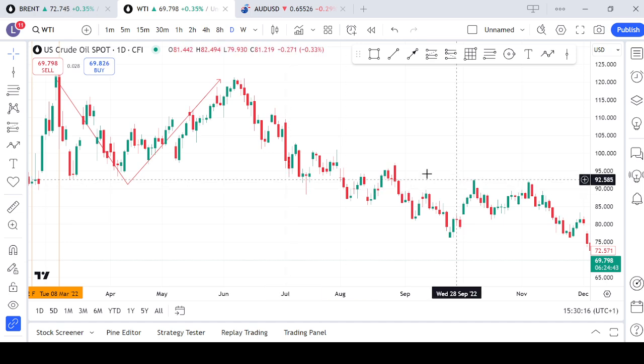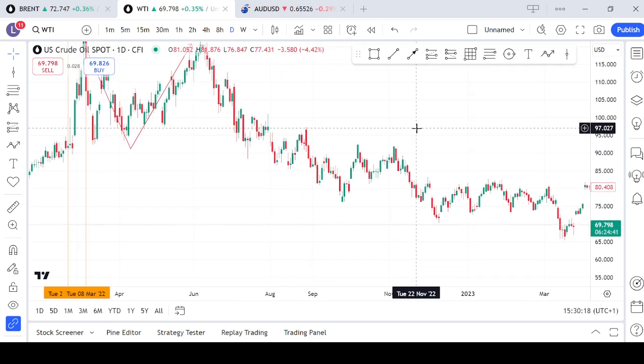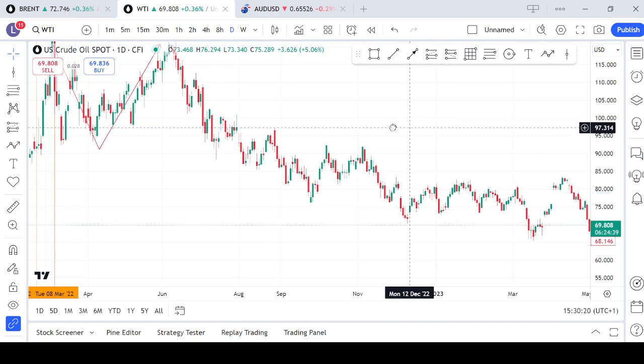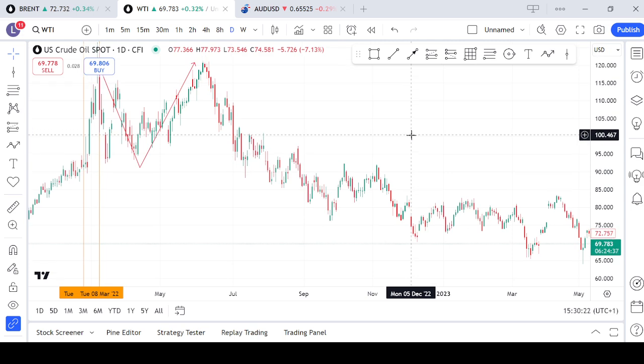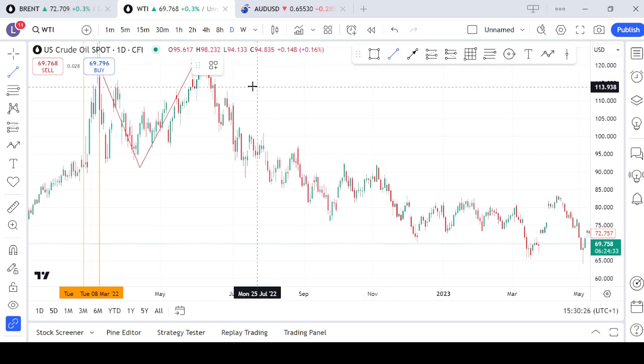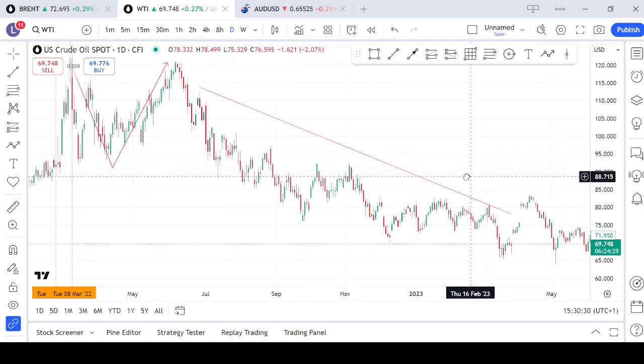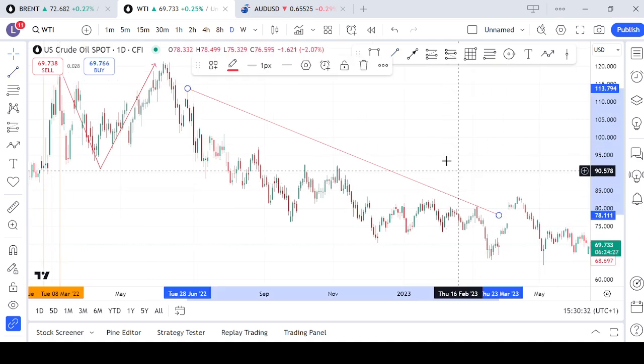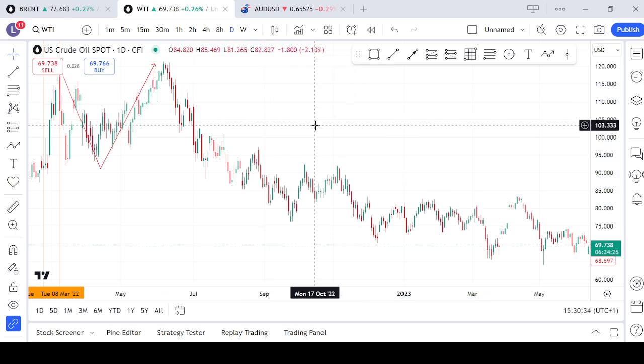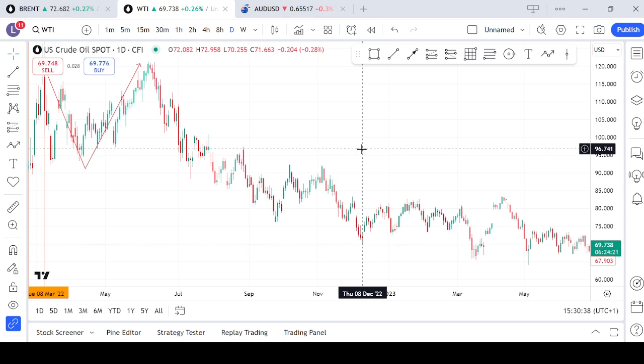You can see this downtrend as a result of inflation and the Federal Reserve raising interest rates. So this is fundamental analysis. You can use it to trade oil, whether it be US crude oil spot or Brent oil international benchmark. So that is it for fundamental analysis.